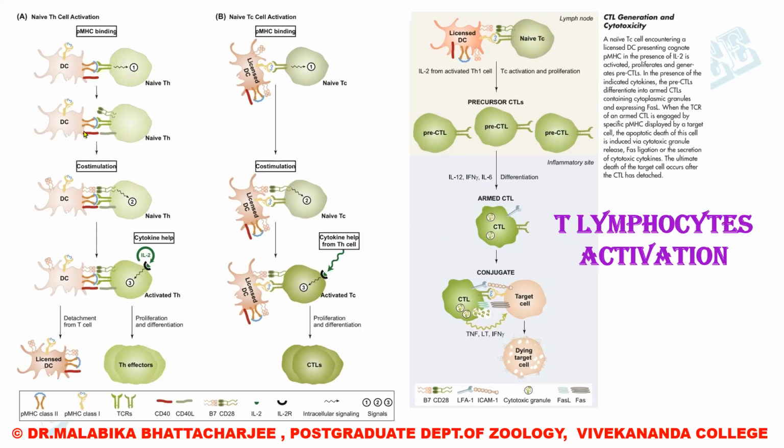By the help of this upregulated CD40 ligand, it now associates with the B lymphocytes. Look at this picture: the binding of the CD40 ligand further stimulates the expression of B7 molecules.